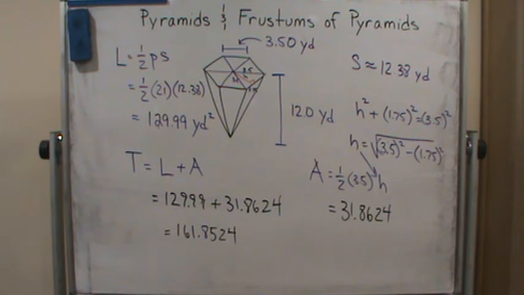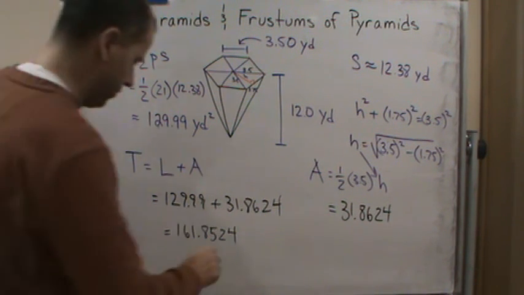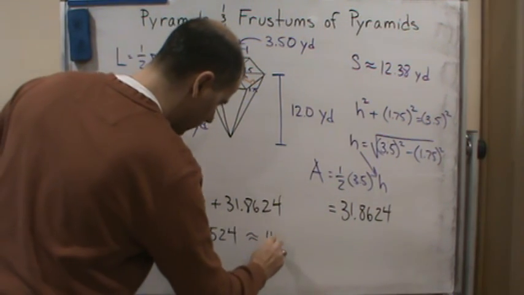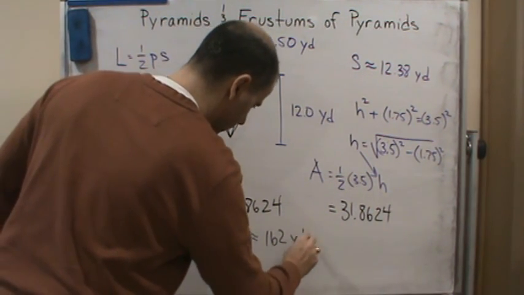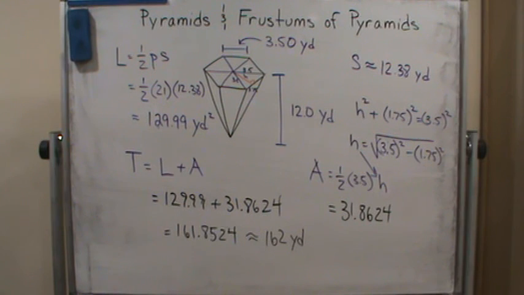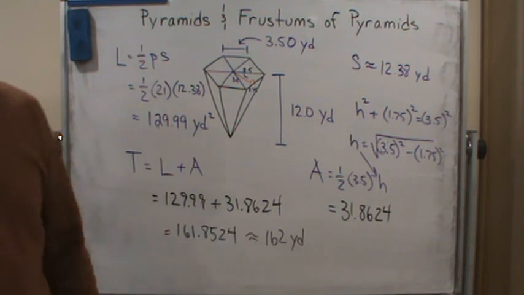Let's see, is that close to what they have? Yep. So they rounded it to the nearest square yard, so that's 162. So approximately 162 square yards. And that's it. That's how you do it. Have a great day.